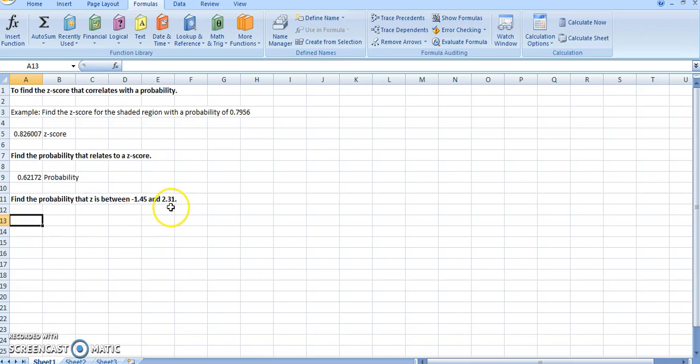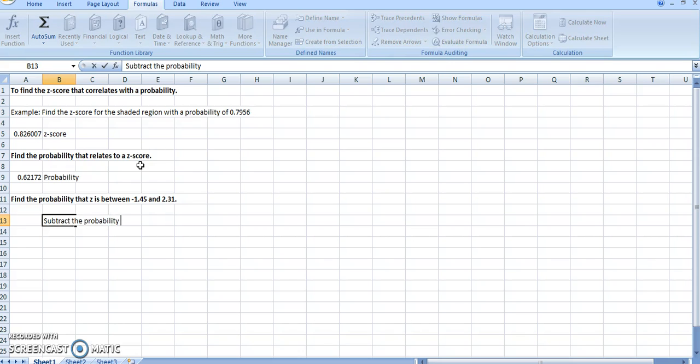But since the right value is obviously farther to the right, then that's going to be the larger area. And then you want to subtract off this area from the left to negative 1.45. So what you're doing is you're going to subtract the probability of z equal to 2.31 minus the probability of z equal to negative 1.45.